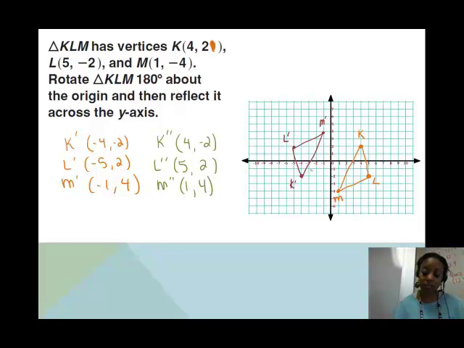So our final image is going to be 4, negative 2, and then 5, 2, it's right there, and then 1, 4 is here. So we've done a 180-degree rotation and a reflection over the y-axis, and that is the last image that we drew there.